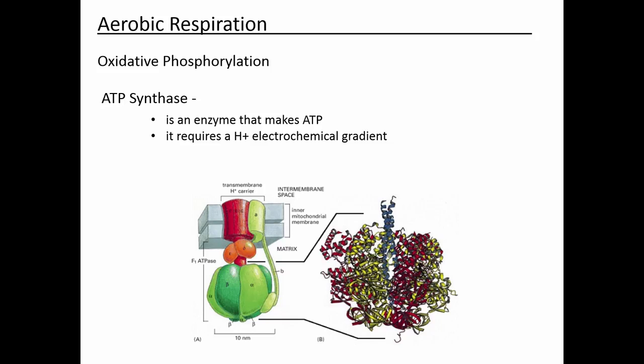Because if you inhibit the electron transport chain, that means you do not get the hydrogen ion concentration gradient, and that means then there's no power source for this enzyme and it can do nothing. Okay, so if you do something to prevent the hydrogen ion electrochemical gradient from being created, that's going to prevent this enzyme from working.